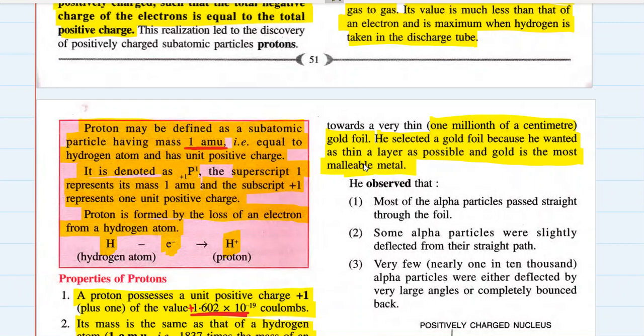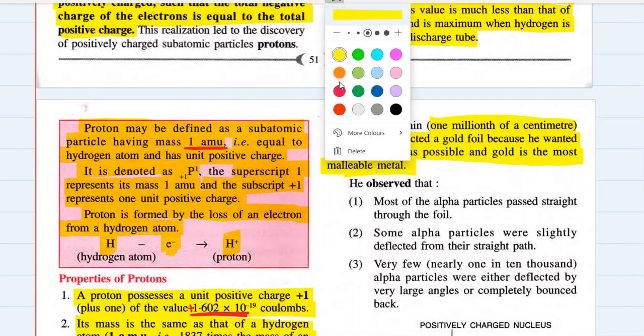If the structure of an atom is just like how J.J. Thomson suggested, like a plum pudding or a watermelon, then let me draw the structure of the atom like a watermelon.